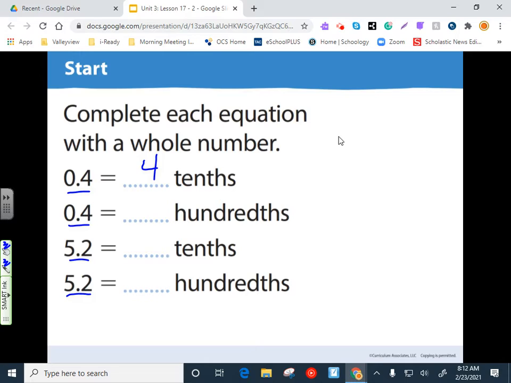If we needed to convert it to hundredths, you would just add a 0 over there, and that would become 40 hundredths. The 5.2 would become 52 tenths. And if we needed to change this to hundredths, that would become 520 hundredths.